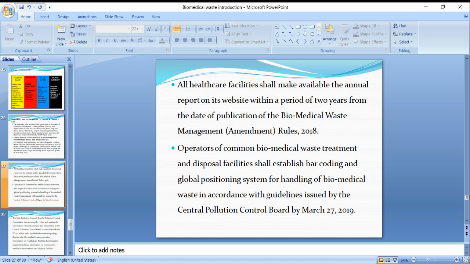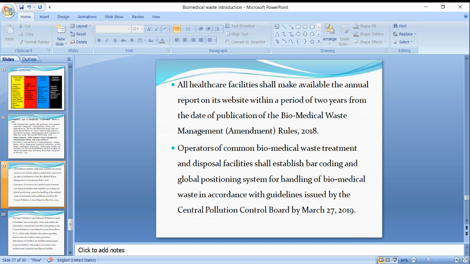For that, they have to prepare an annual report on its website within a period of 2 years from the date of publication of the biomedical waste rules. So they have put in one rule that they have to prepare an annual report also. So for every year or every 2 year period, they have to prepare a biomedical waste report.